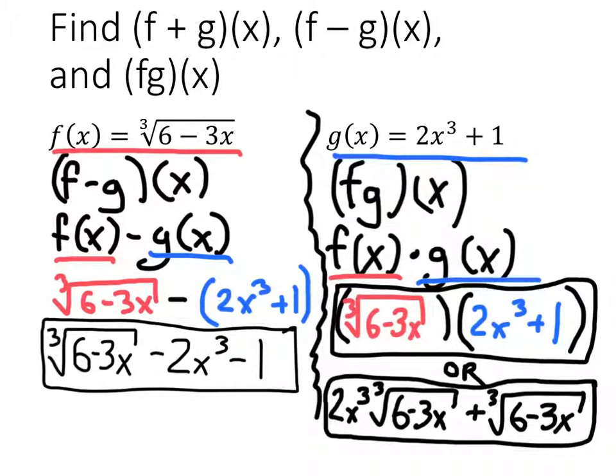So you'll notice here the expressions for f minus g and for fg of x. With how complicated the multiplication of the two functions is, either form would be acceptable to write. It's really just a matter of taste.